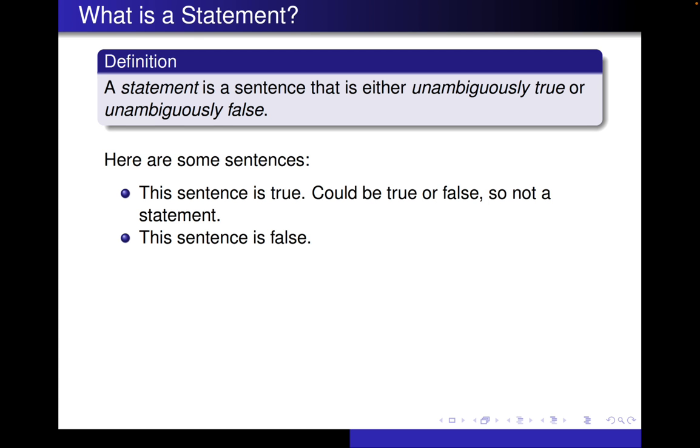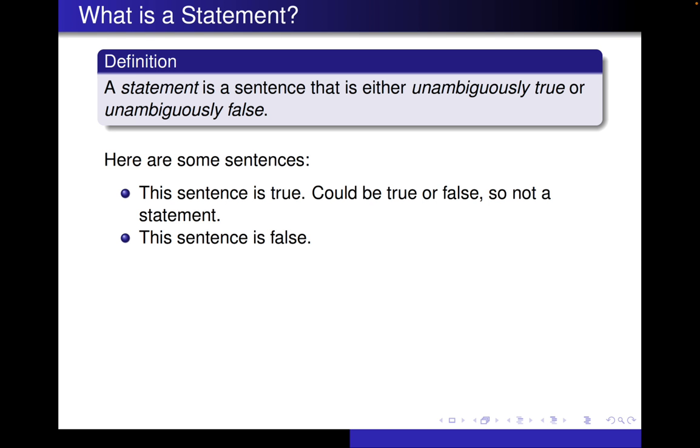If I have the self-referential sentence, this sentence is false, that one kind of has the opposite problem. Let's say I assume the sentence, this sentence is false, is true. But then the sentence is saying it is false, so that means this sentence has to be false. So if I assume it's true, the sentence itself is saying that it's false, which is contradictory.